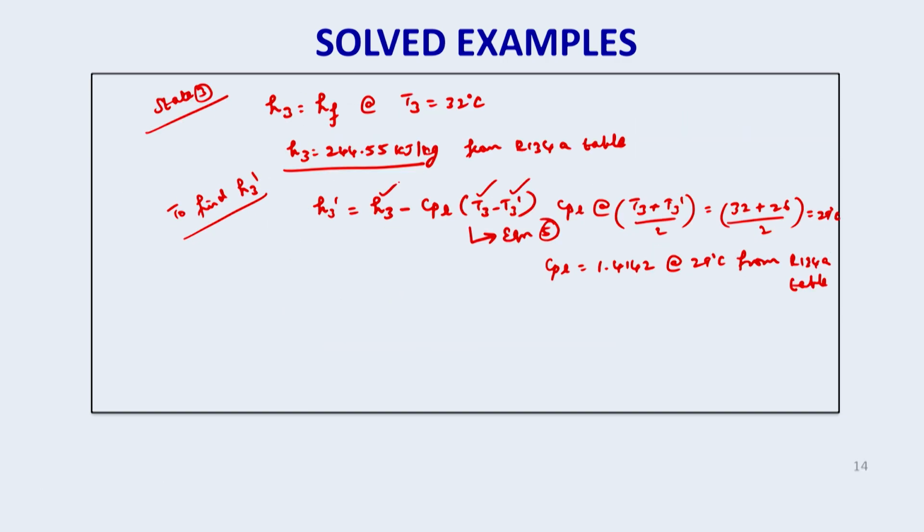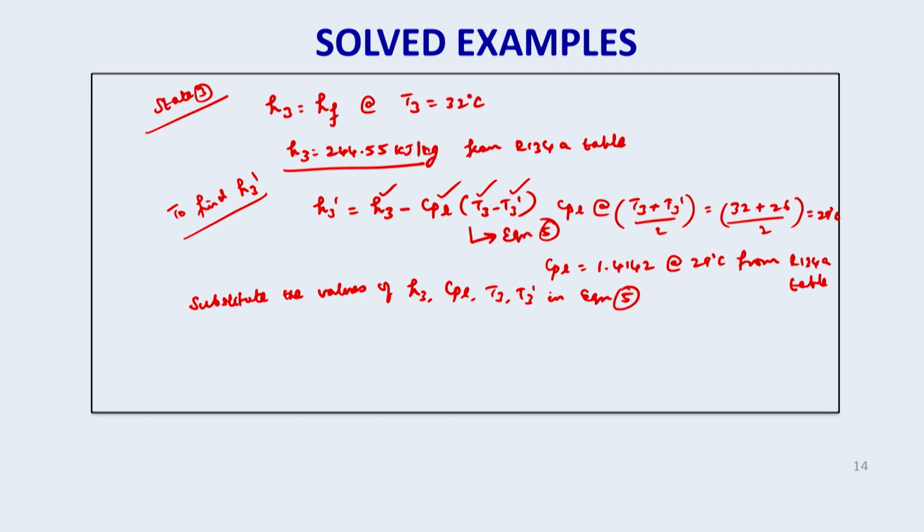Now H3 is known. Cp of liquid we have found. T3 and T3 dash are given. So let us substitute the values of H3, Cp of liquid, T3, T3 dash in equation 5.